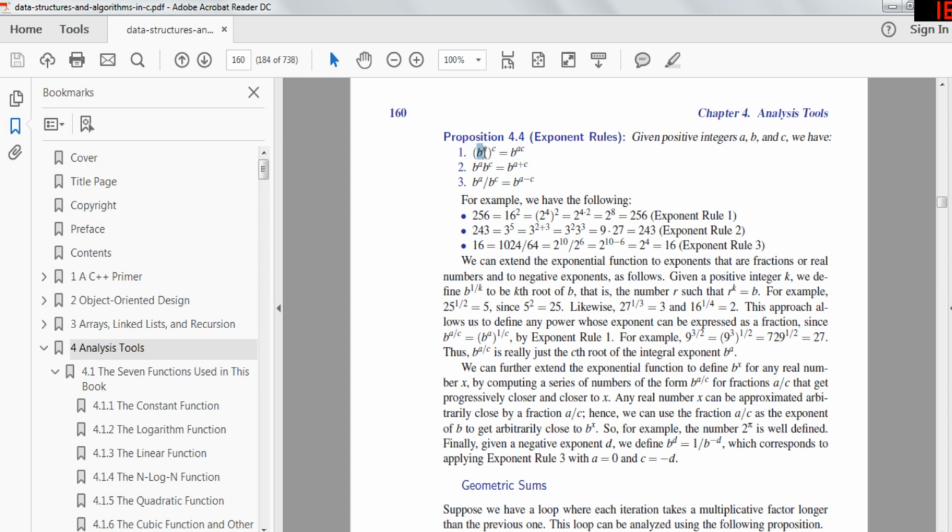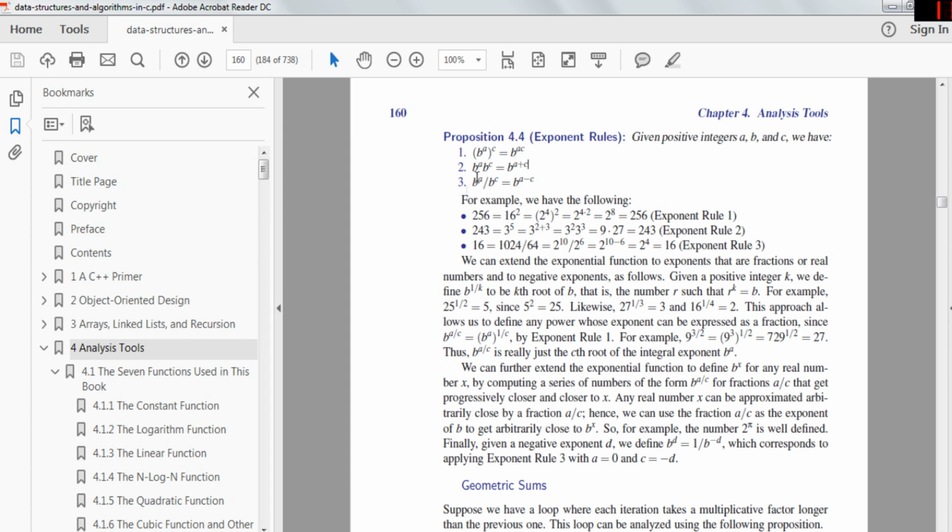When you take a base b, raise it to an exponent a, and raise that to c, you get b to the a times c. You can multiply the exponents together. We have an exponent of base b raised to a times an exponent of base b raised to c. You can add them together. And if you divide, you can subtract them.